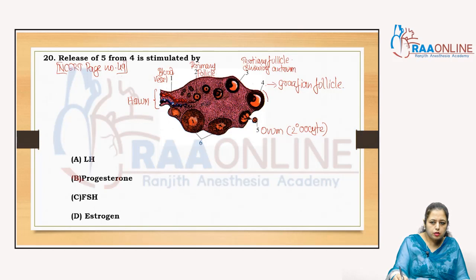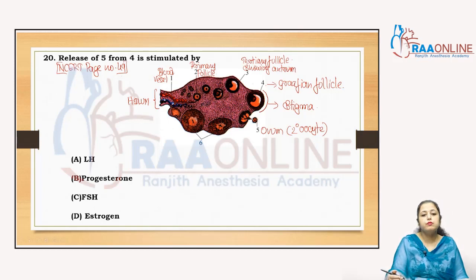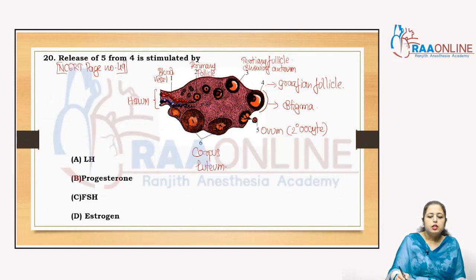That bulge portion is called the stigma, which is formed due to the excessive increase of the estrogen, right? Now this is the transformation of the ruptured Graafian follicle into the corpus luteum. That's why it is the corpus luteum, right?